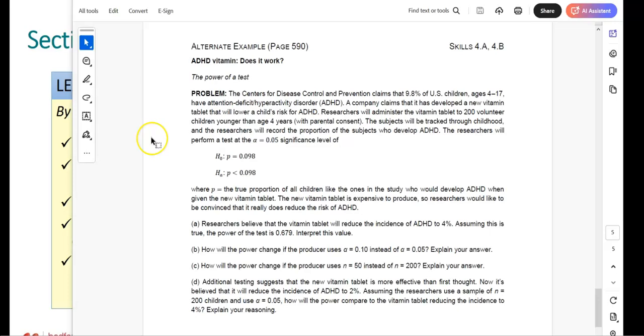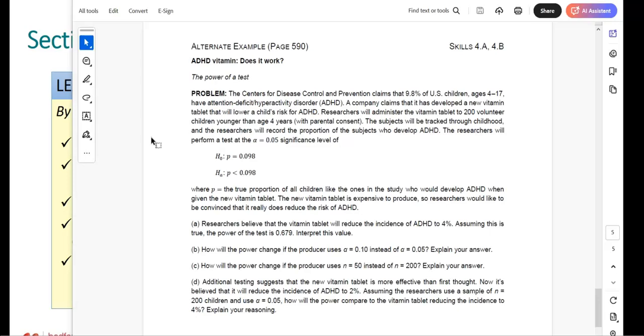The Center for Disease Control and Prevention claims that 9.8% of U.S. children ages 4 through 17 have ADHD. A company claims it has developed a new vitamin tablet that will lower a child's risk for ADHD. Researchers will administer the vitamin tablet to 200 volunteer children younger than age 4. Wow, so they're diagnosed really early.